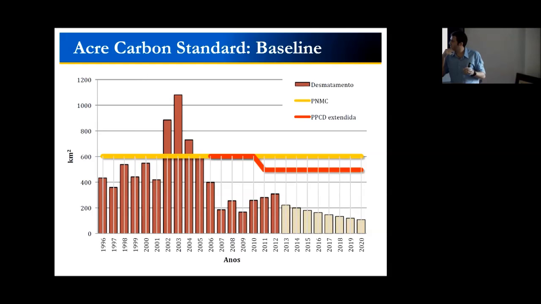Is that 1,000 or just 500 square kilometers? Okay, yeah, makes sense. Anyway, they are using this average annual deforestation rate to create their baseline. So this is their baseline of deforestation. Each year, they assume that they are going to clear roughly 500 square kilometers of forest in the state.